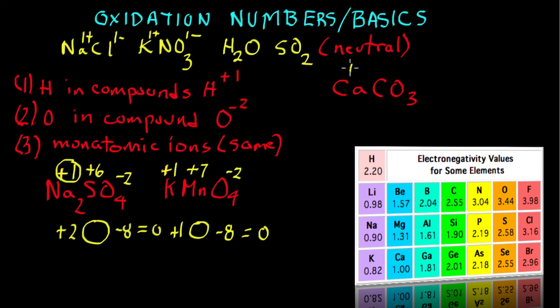It'll be a plus 2 oxidation number. Oxygen is minus 2. So you have a plus 2. 3 times a minus 2 is a minus 6. It must add up to 0. So what is that? That has to be a plus 4.